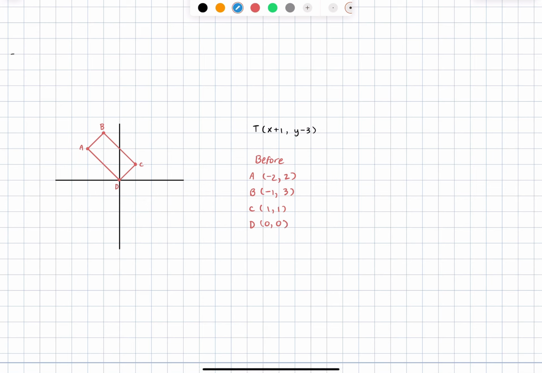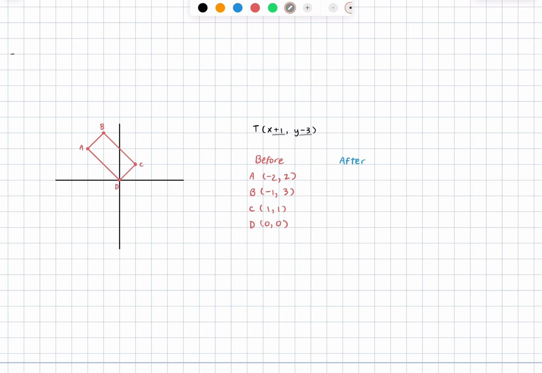Okay, now for after, there are two ways we can do this. We can do this on the graph or on the table. So A prime, we have to move right 1 and down 3. So that's how we can read it.